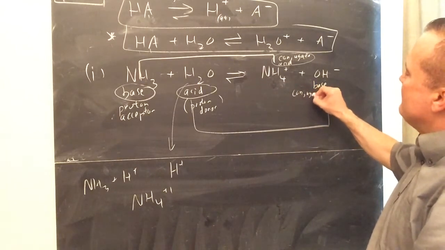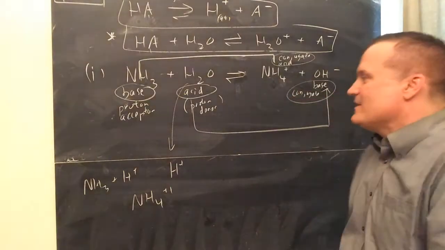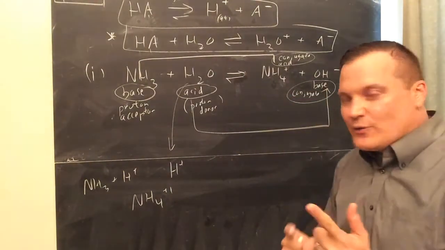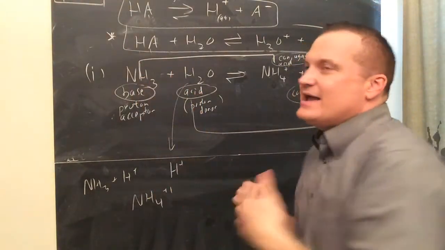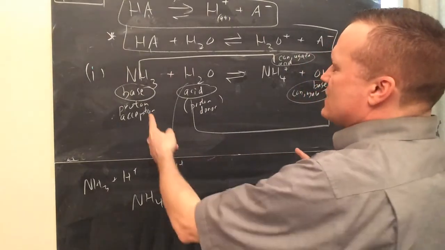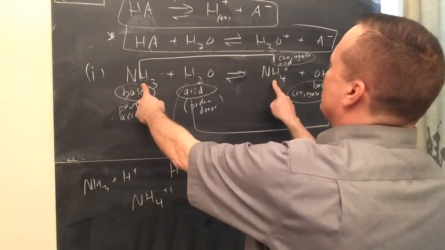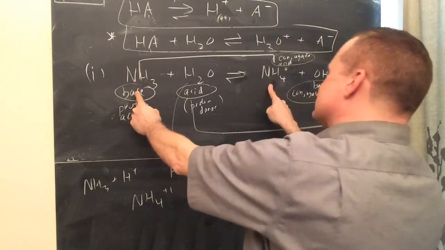Now, just to not mess up your vocabulary here, it's really more correct to say, identify an acid-base conjugate pair. NH3 and NH4 plus are a conjugate acid-base pair. That's the base and that's the acid.